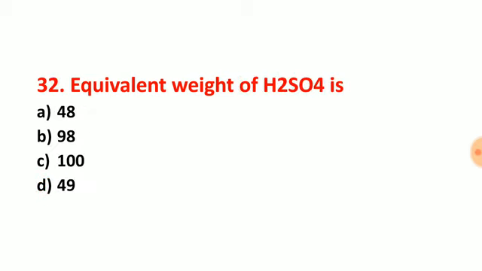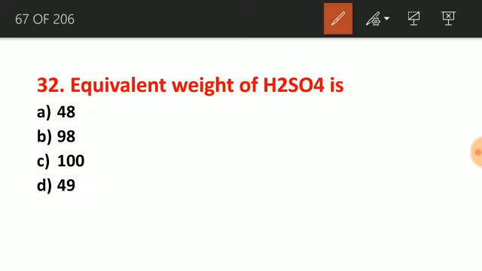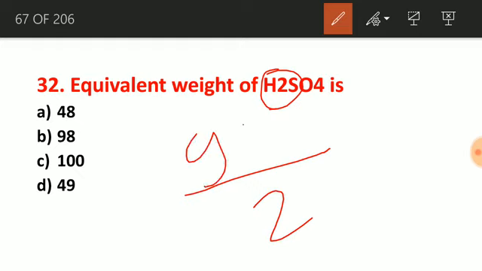Question number 32, equivalent weight of H2SO4 is. In this case, it is an acid. We need to find the molecular weight divided by basicity. Here there are 2 hydrogens, so basicity will be 2. If we add the mass of hydrogen, sulfur and oxygen, we get 98, and 98 is divided by the basicity.